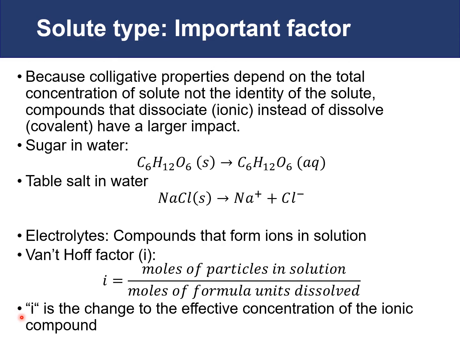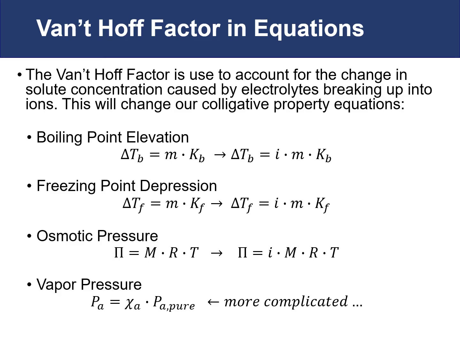The Van't Hoff factor, i, is the change in the effective concentration of the ionic compound. Essentially, it is used to account for the change in solute concentration caused by the electrolyte breaking up into ions. This will change our colligative property equations.